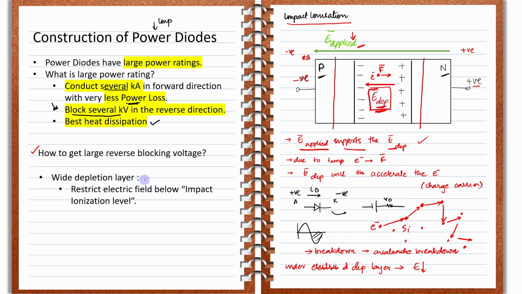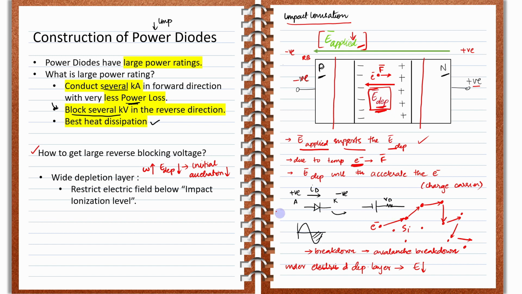So when the width of the depletion layer increases, the electric field developed in the depletion layer decreases, and due to which the initial acceleration is less. So compared to the previous case of a smaller depletion region, the applied electric field must have a higher value in order to provide sufficient acceleration to this electron to cause impact ionization.